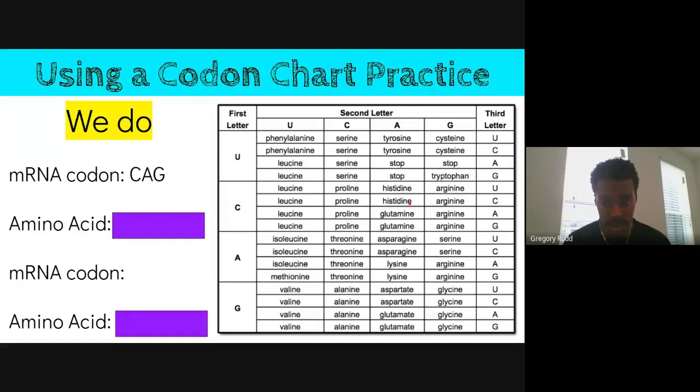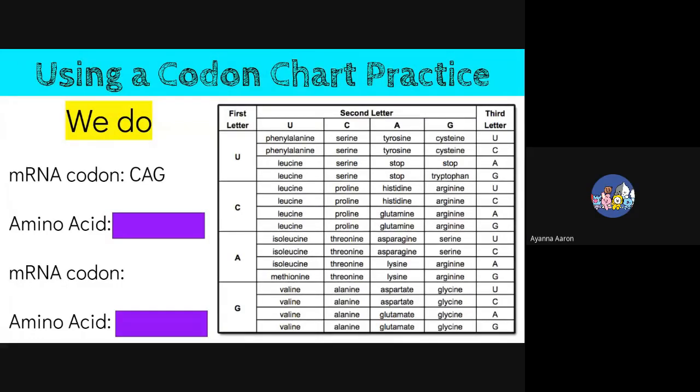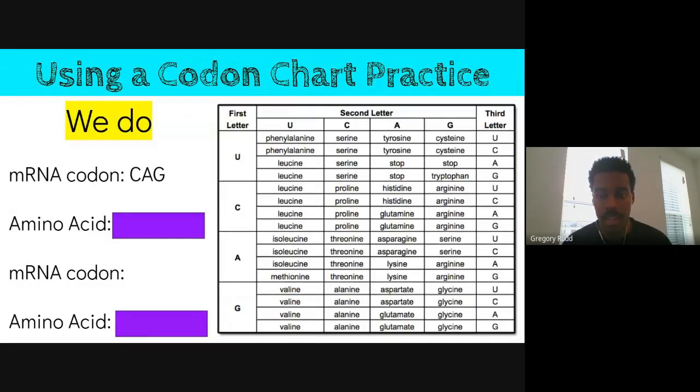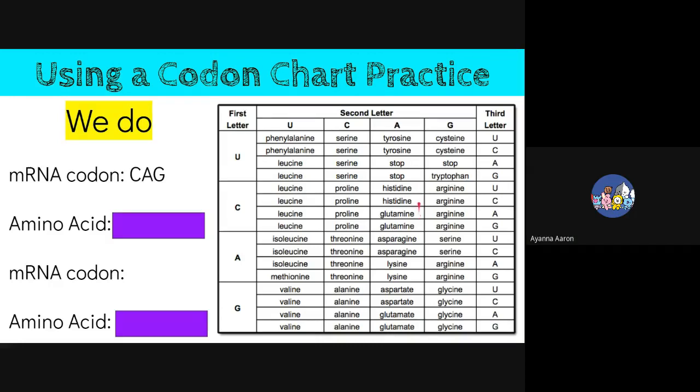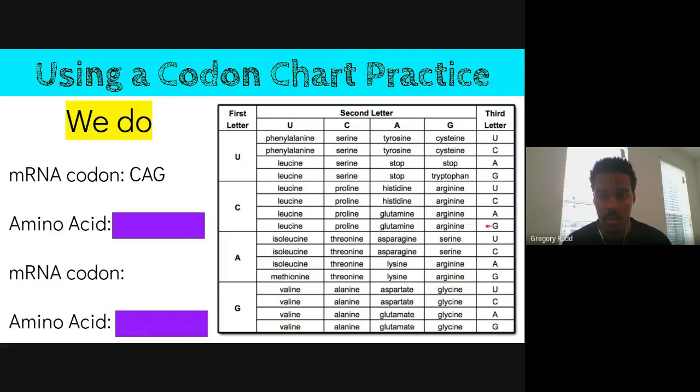And then my third letter of the codon is what? G. Okay, great. So that means that it has to be which of those two? Glutamine. Exactly. Good. So we're looking right here. It's glutamine. Good job.